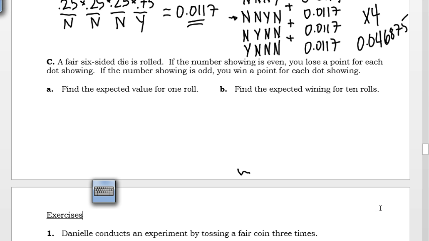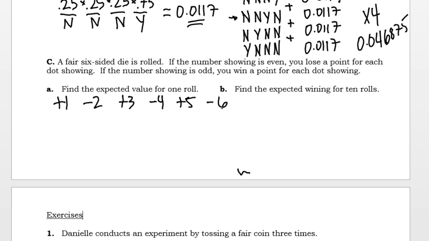Okay, so I don't have a big table here, but I can draw one. I will win a point if it's odd, lose a point if it's even, win a point if it's odd, lose a point if it's even, win odd, lose even. Those are my 6 possible outcomes.